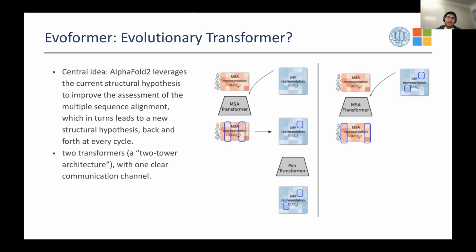And then the pairwise transformer is useful as well, getting that information back from the pair of residuals to the MSA representation to update the information in the MSA. So this is the general pipeline of how they iteratively learn those two.